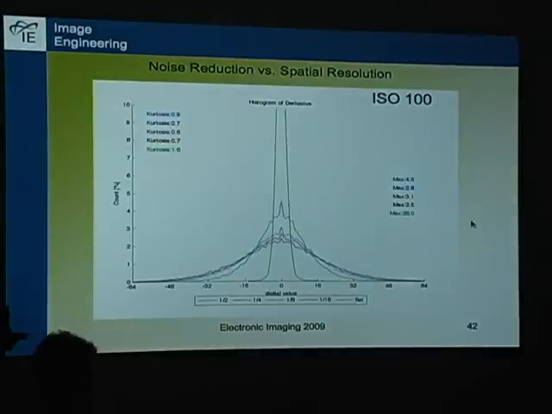And what we came up with was this graph here. So the histogram of the derivative of that image should have a Gaussian distribution because of the white noise. And whenever it's not a real Gaussian distribution, we know that it is not exactly white noise that we see in that image.